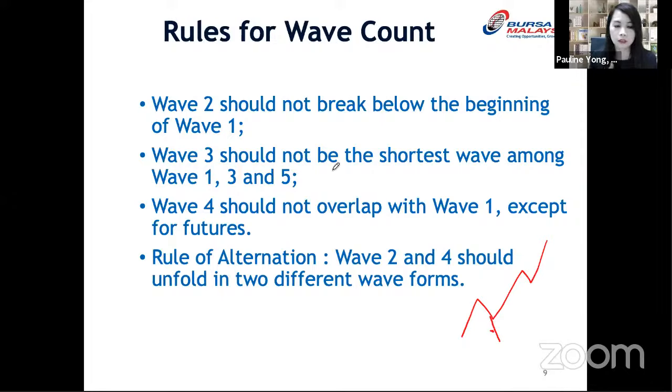Okay, so given these principles in place, it makes this counting of the wave more objective, because then you know that you have to follow the principle. If I follow the principle and other people also follow the principle, most likely we are likely to count the right wave, likely, but not absolute, because after all, this Elliott Wave is not so easy to master.